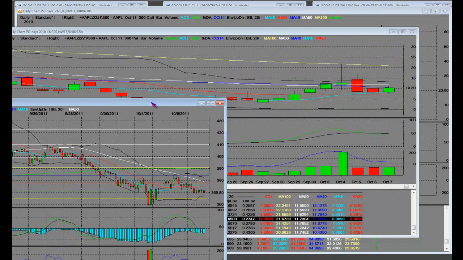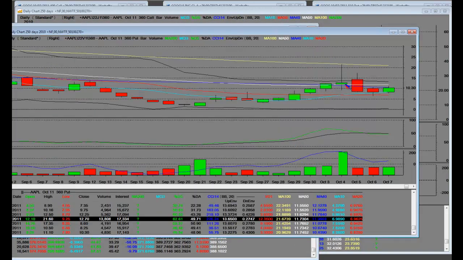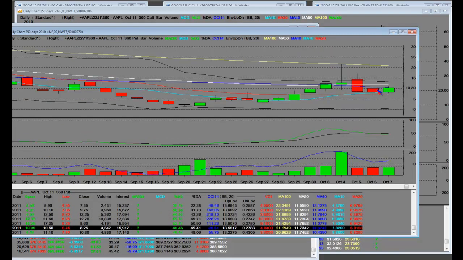You can see exactly the put was peaking at the high right here. The next 60-minute bar up is when we had the reversal from 21.60 down to 6.46.